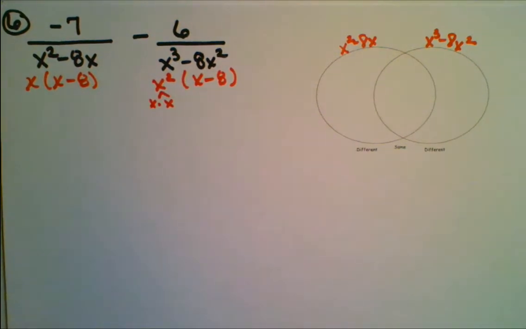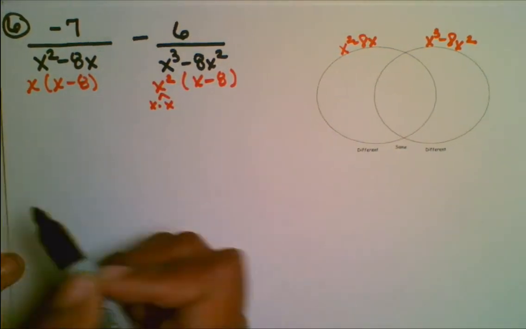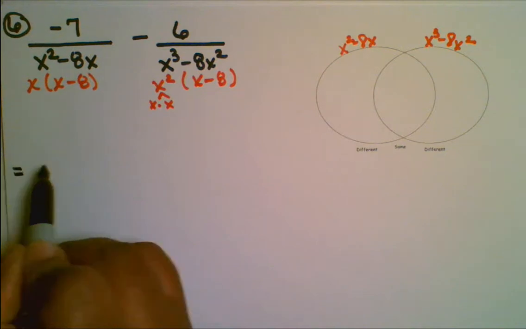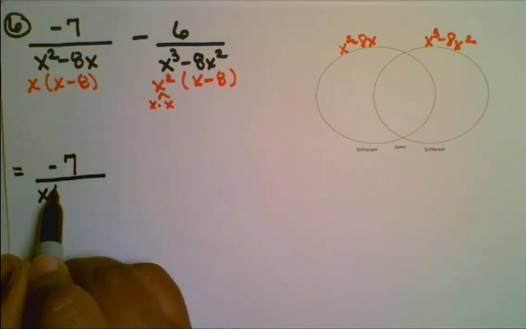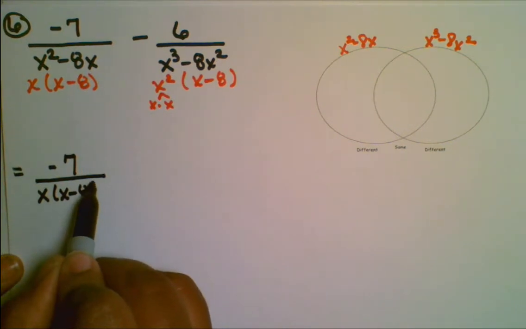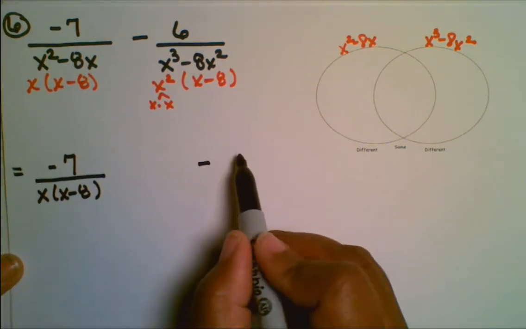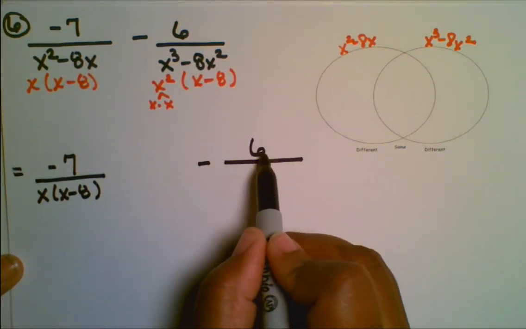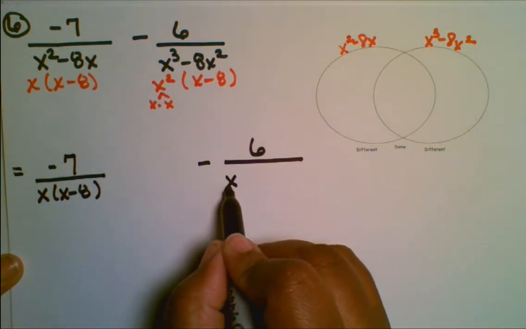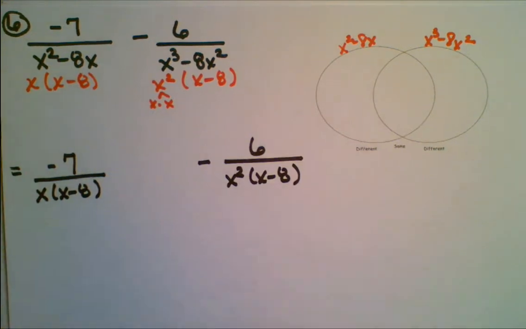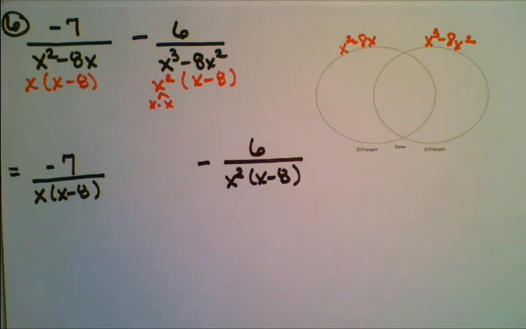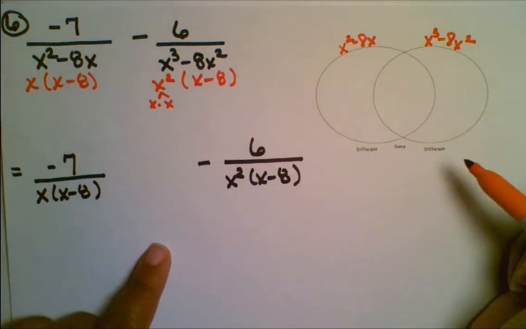So let's rewrite our question with the factored denominators and leave some space between each fraction. All right, so let's find the LCD.